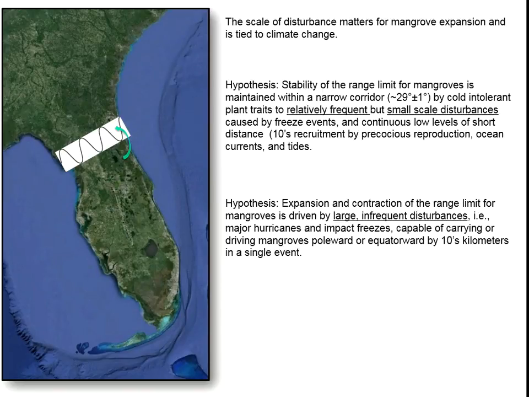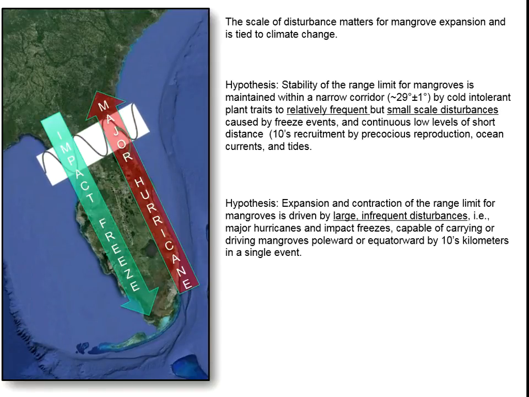The genetics create a new configuration of these populations here. And then you also have these large freeze events that push back the other way. So my view is you have these two opposing major types of disturbances that have not just a little change, but a major change.